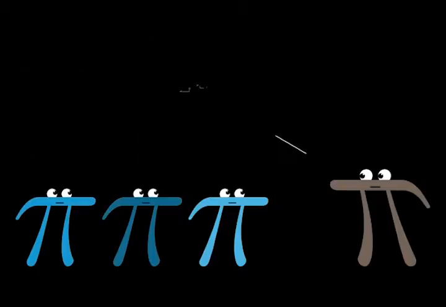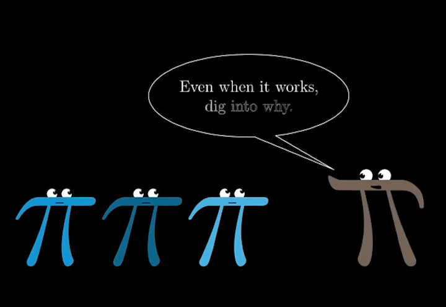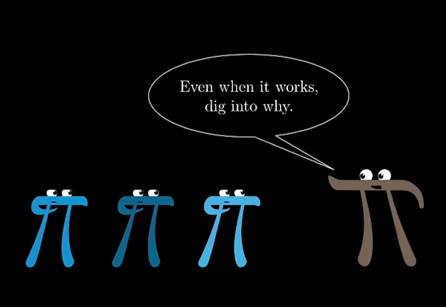Or when the network does work, but not for the reasons you might expect, digging into what the weights and biases are doing is a good way to challenge your assumptions and really expose the full space of possible solutions.